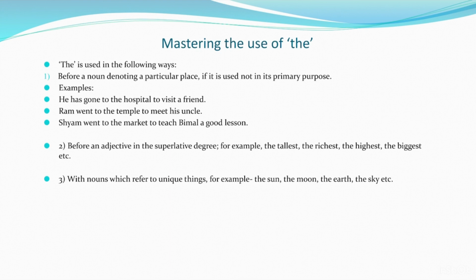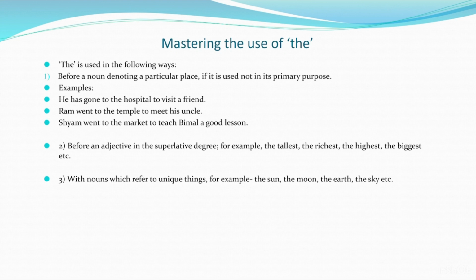So, what is the primary purpose of a hospital? Going to a hospital to get treatment, right? To receive treatment. But here, this person goes to the hospital to visit a friend. Okay? His purpose is visiting a friend, not getting treatment from doctors. So he is not going there for the primary purpose.